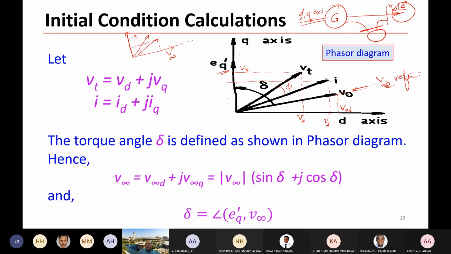If you have this system, this machine has D1 Q1, this machine has D2 Q2, and this machine has D3 and Q3. Each machine has its own direct and quadrature axis. Am I clear?